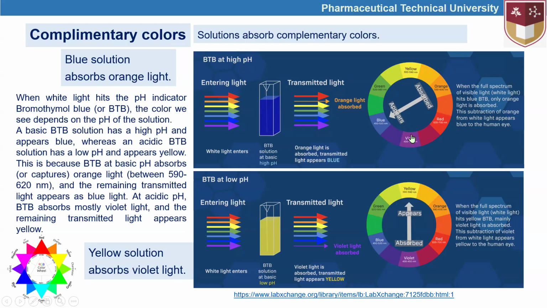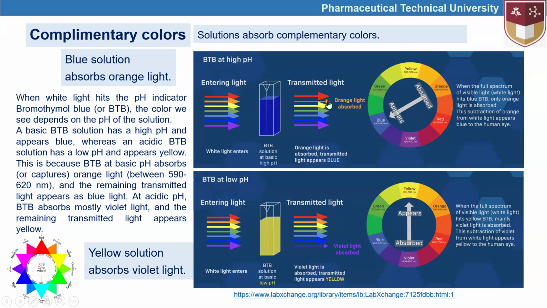We know that the visible spectrum starts from violet from 400 to 450 nanometers and ends in dark red color at 750, 780 nanometers. So if we make this kind of circle, then we can find out what kind of colors of the solution can absorb what kind of wide spectrum.